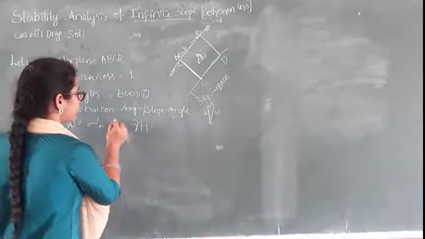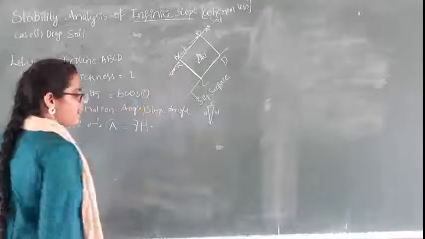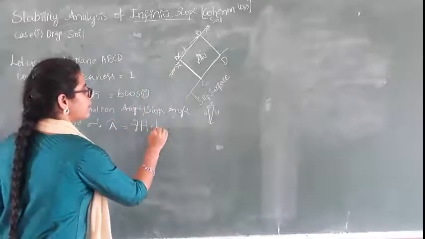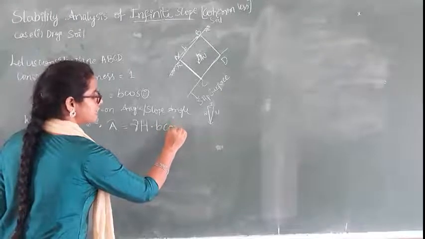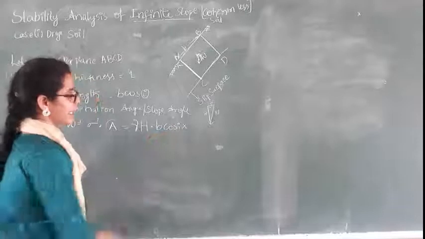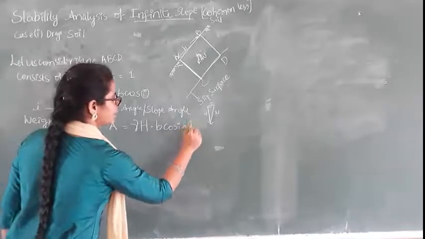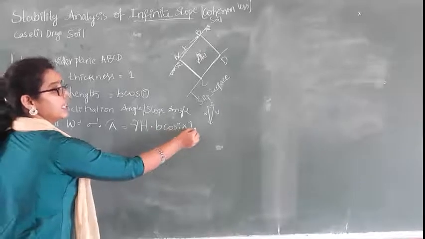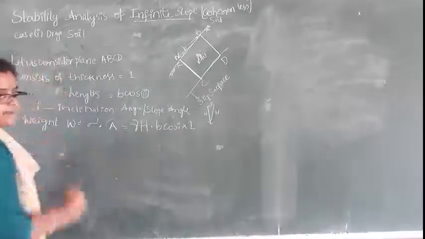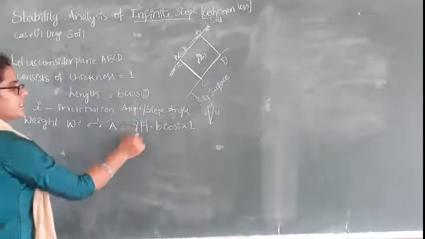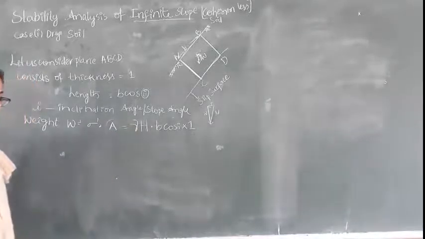What is the area here in the case of the ABCD plane? It is B into cos I, that is the length, and the thickness of the ABCD plane is 1. So this is the length, this is the thickness, and this is the depth of the slope, and gamma is the unit weight of the soil.